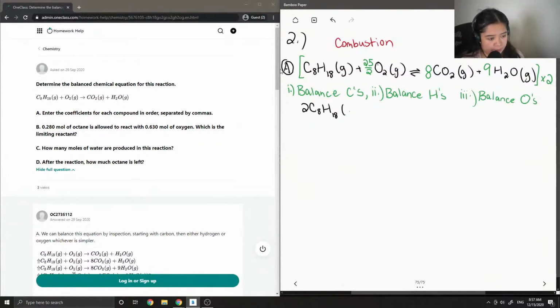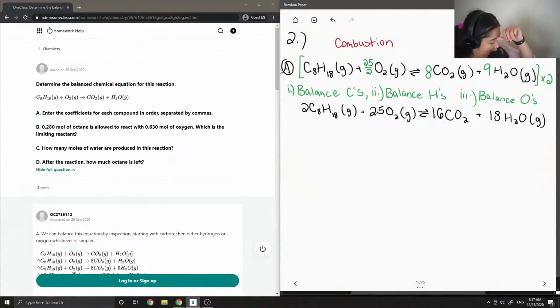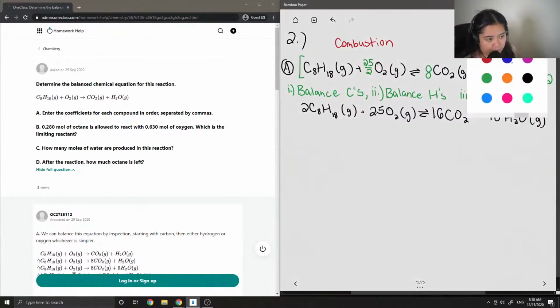So now we have 2 moles of octane plus 25 O2 makes 16 CO2 plus 18 H2O. Okay, so now everything should be balanced. And we can move on to part B.